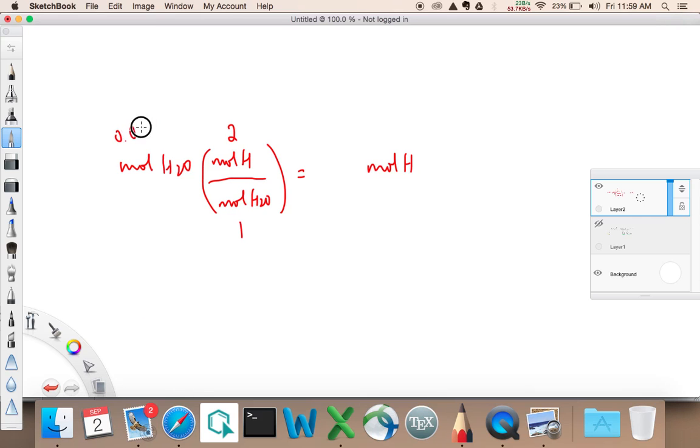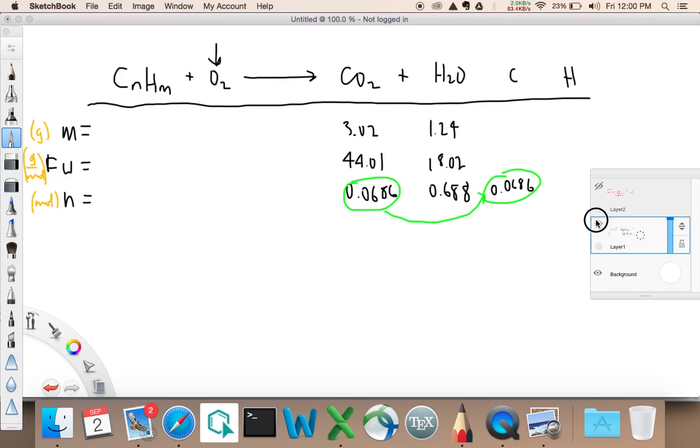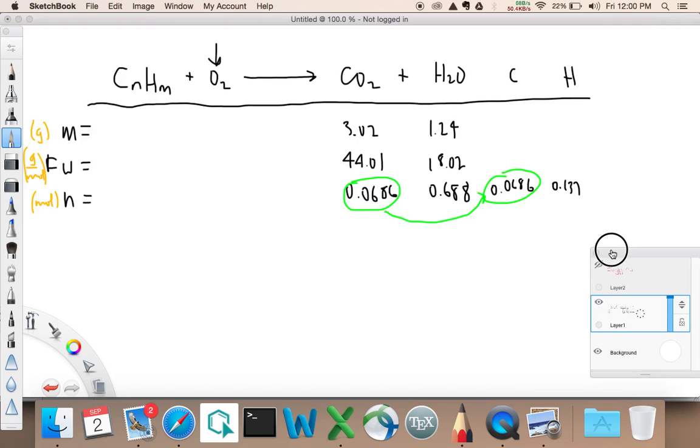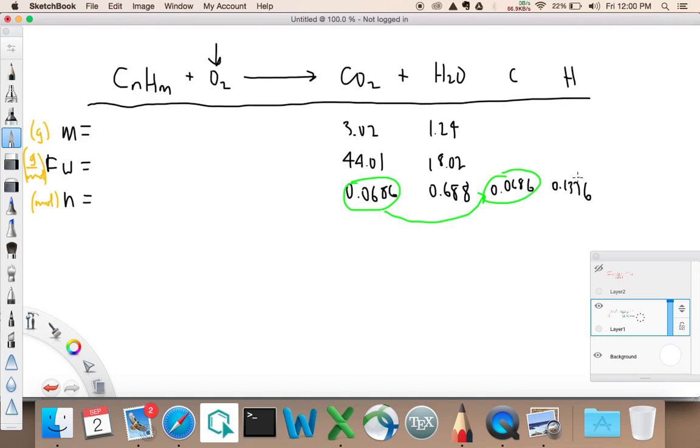It's 0.0688 times 2 is going to give us 1.376 moles, or 0.1, sorry, 0.1376 moles. It's going to give us 0.1376 moles of hydrogen. Okay.